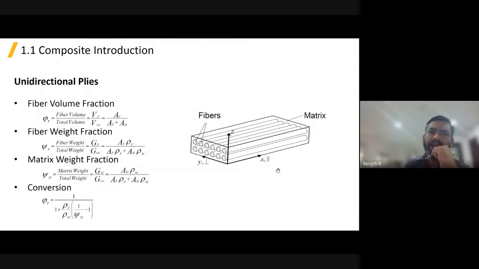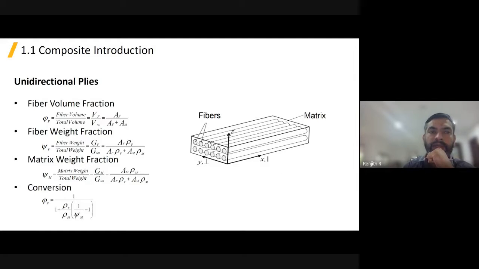And the calculations for the mechanical properties are based on the fiber volume fraction. If you look into most of the equations, you can see they all come up with the fiber volume fraction or volume fraction. Volume fraction means how much fiber is in the composite and how much matrix is in the composite.